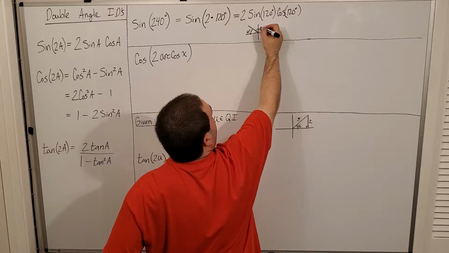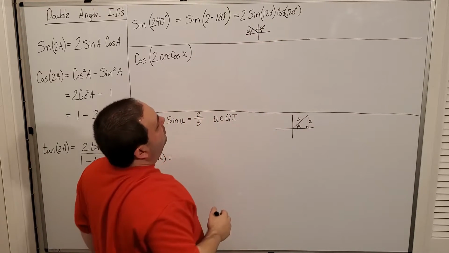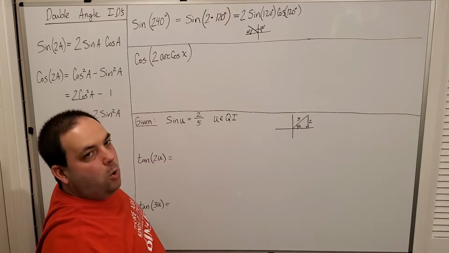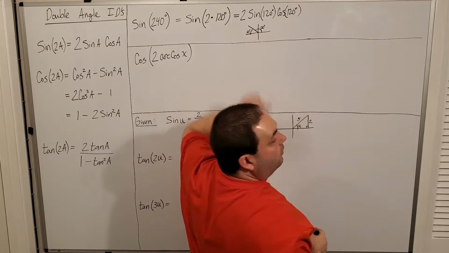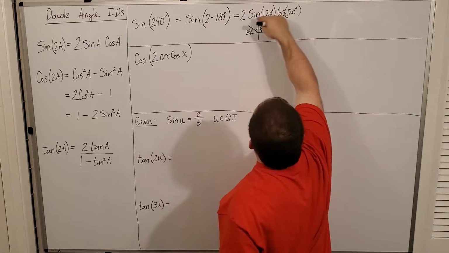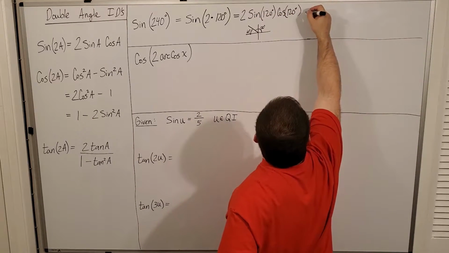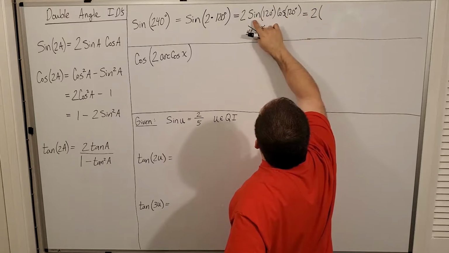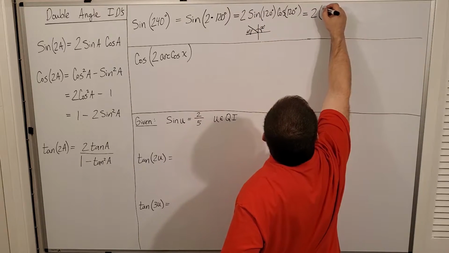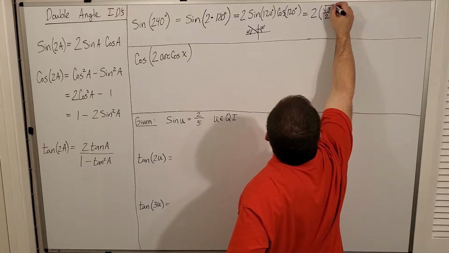Right? 120 degrees has a reference angle of 60 in the second quadrant. So I'll be using all of the numbers from the 60-degree angle and then the appropriate sign for quadrant 2. So 2 times sine of 60 is square root of 3 over 2.